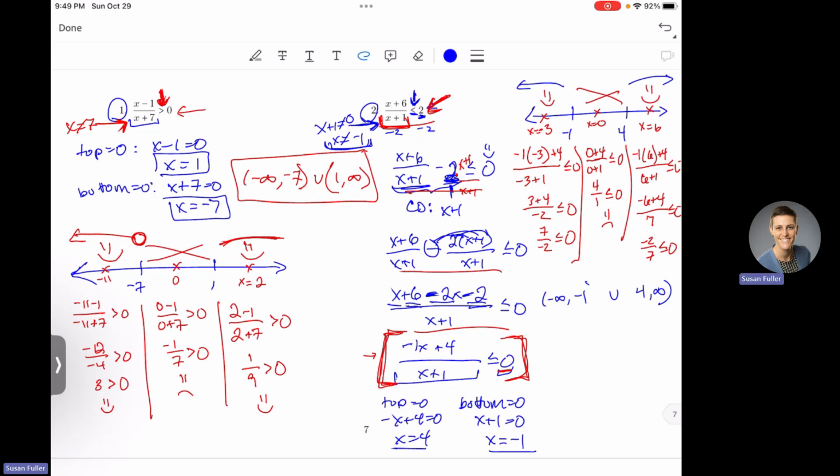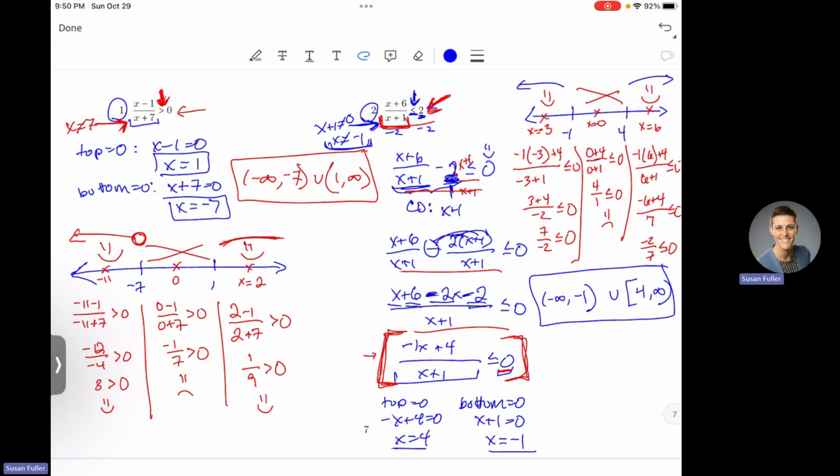And so I cannot include -1. That inequality sign be darned. I cannot include it. So we're not going to include the -1 because it's in the denominator. But the 4 I can include because of this little negative, which means I am including it. And that is the solution to this thing.